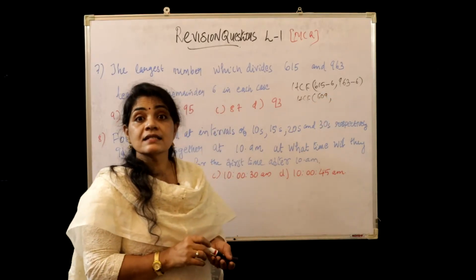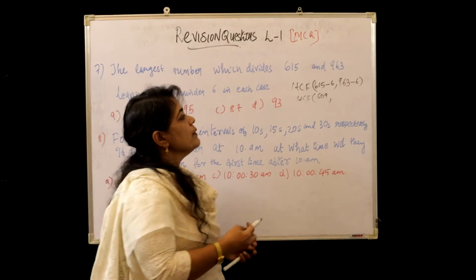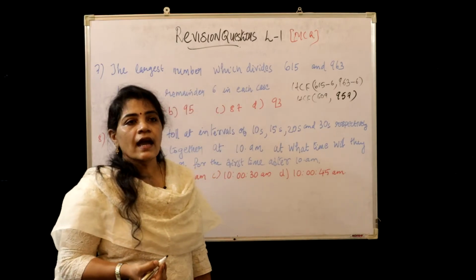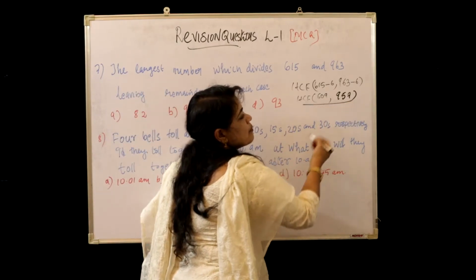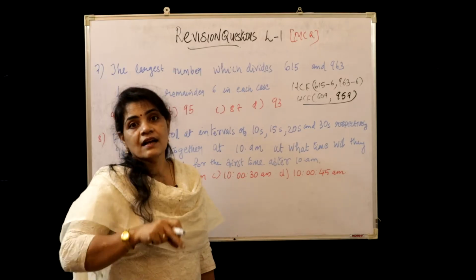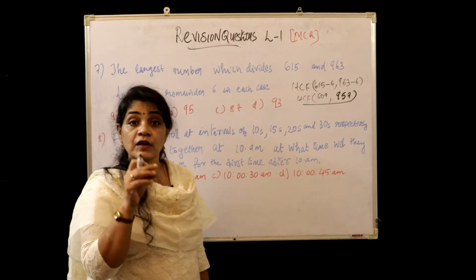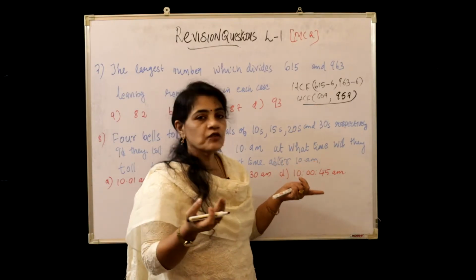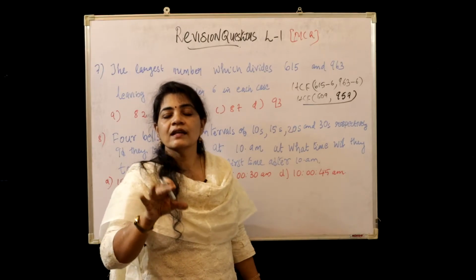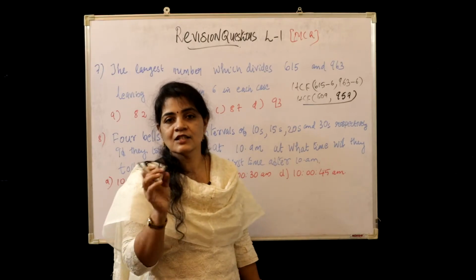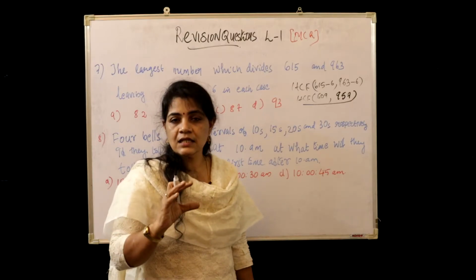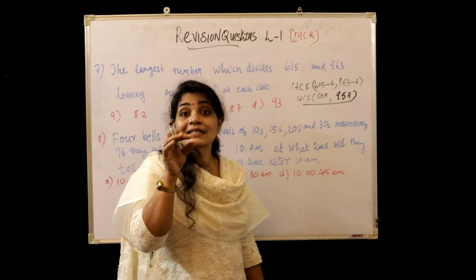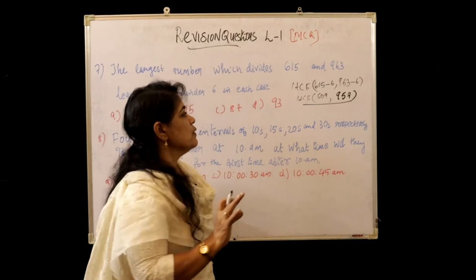And 963 minus 6 is 957. The HCF of these two numbers will give you that largest number, and when you divide 615 and 963 by that number, you will get remainder 6 in both cases. That is the meaning. That means you have to find the HCF of the numbers obtained by subtracting 6 from the given numbers. Understood?